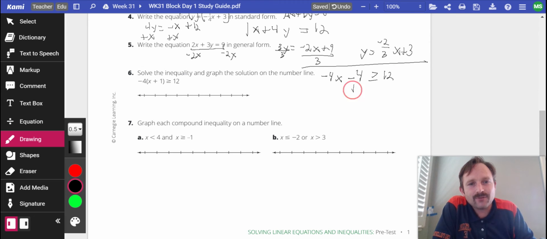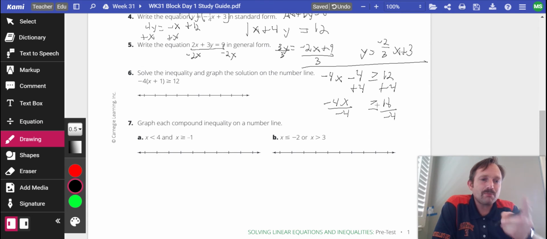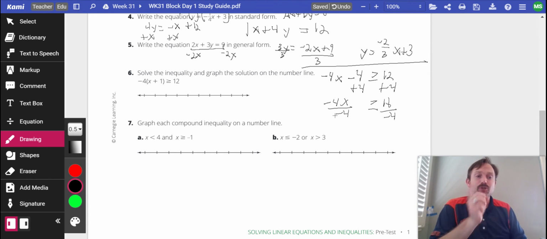I'm going to add 4 on both sides. Now you're going to see that we're going to divide by negative 4 anyways. We should have done that, but it's always a nice bet just to distribute out, get rid of that grouping, that parentheses, using the distributive property.